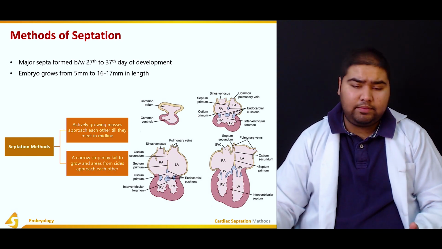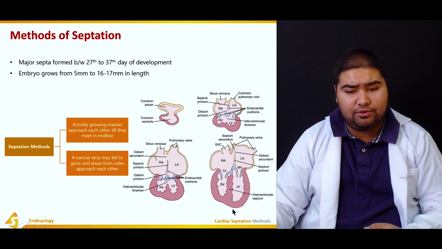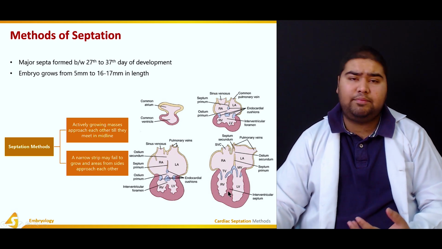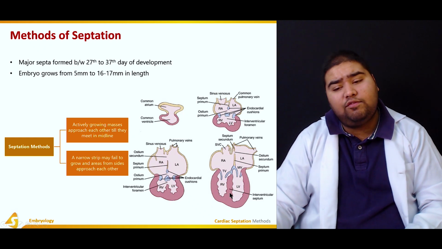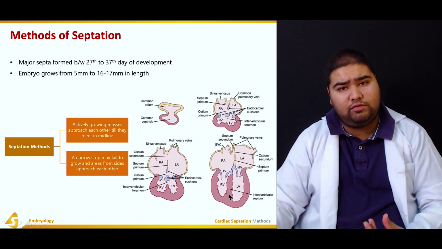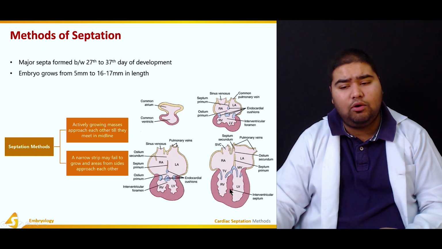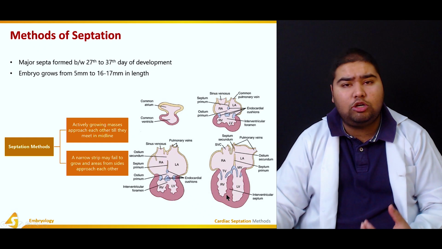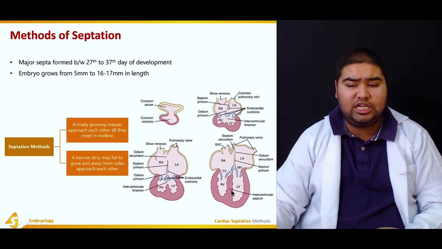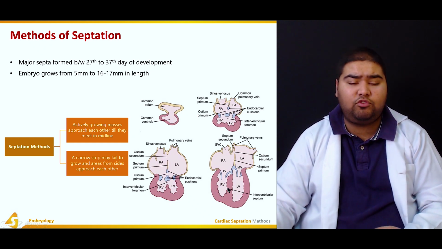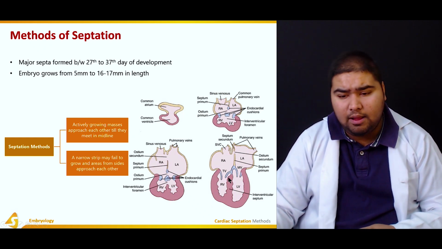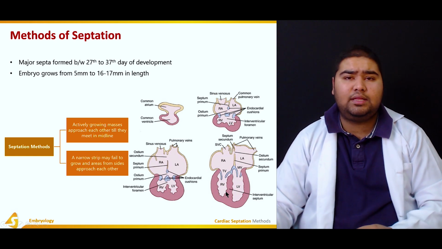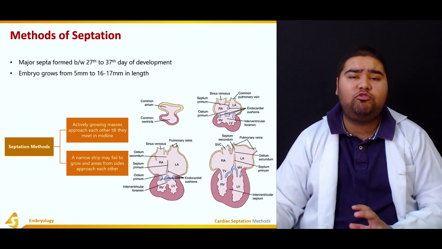Now, another method is if a narrow strip fails to grow. For example, this method occurs in the ventricles if a narrow strip of muscle has failed to grow. Now the adjacent areas continue to grow till they approach each other and fuse with one another to form a septum. Here it is not clearly evident in the picture, as that would be a faulty partition.